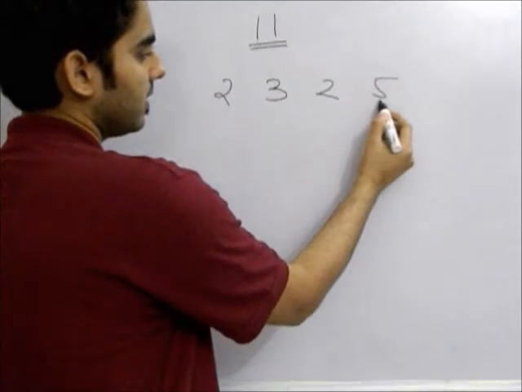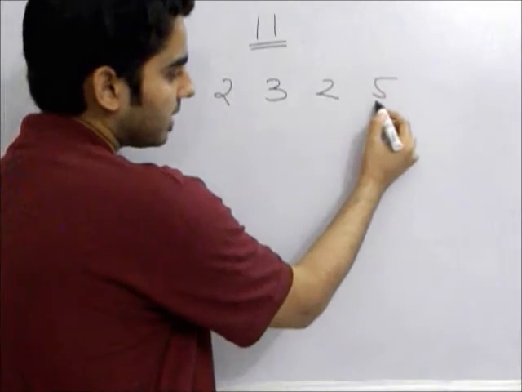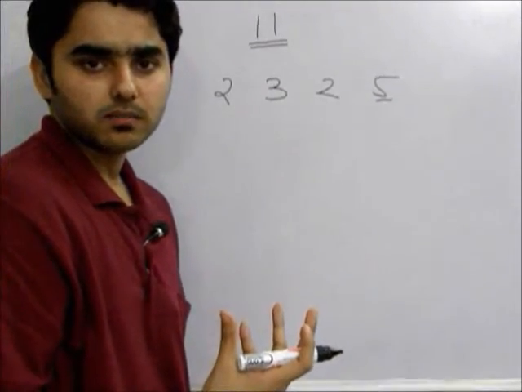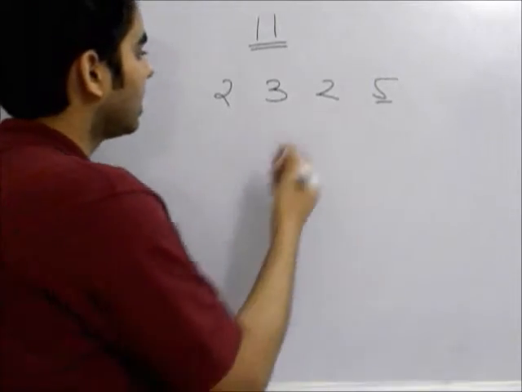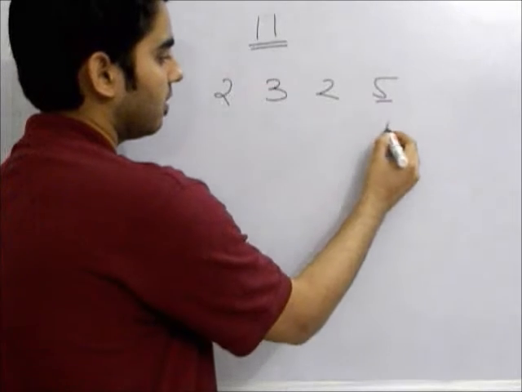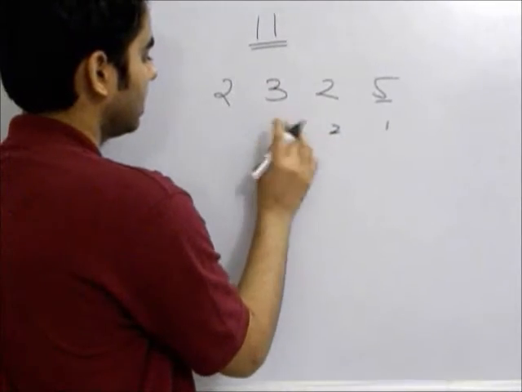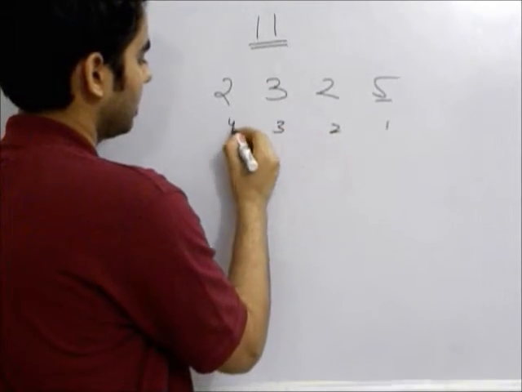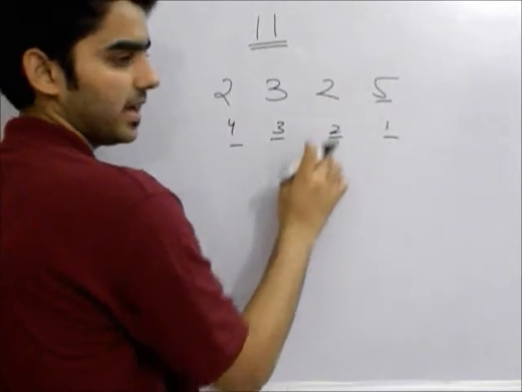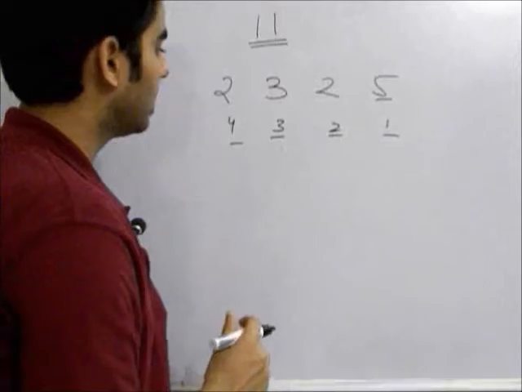Let's say this is the 0 place or units place, or for your simplicity let's call it 1, 2, 3, 4. This is the first number, second number, third number, fourth number.